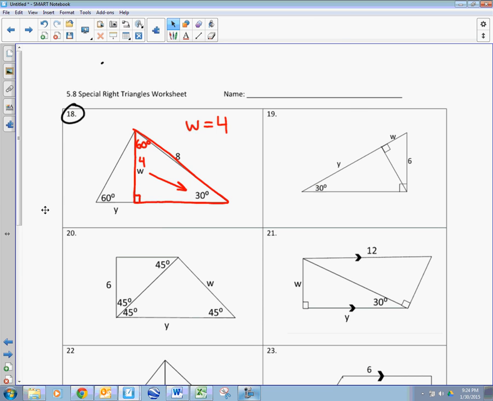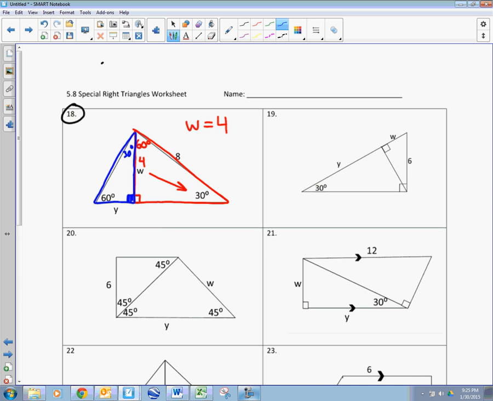If you look at the blue triangle, it is 60 degrees, has a 90-degree angle as well, and then 30 degrees over here. You can see that W is equal to 4. That means that the longer leg of the 30, 60, 90 is equal to 4. Well, normally you would take y and multiply it by the square root of 3 to get 4.